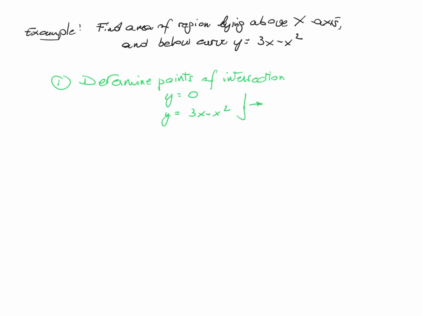When is there an intersection? When these two are equal. So when 3x minus x squared is equal to 0, or we can rewrite this as (3 minus x) times x is equal to 0. So it means x is 0 or x is equal to 3.